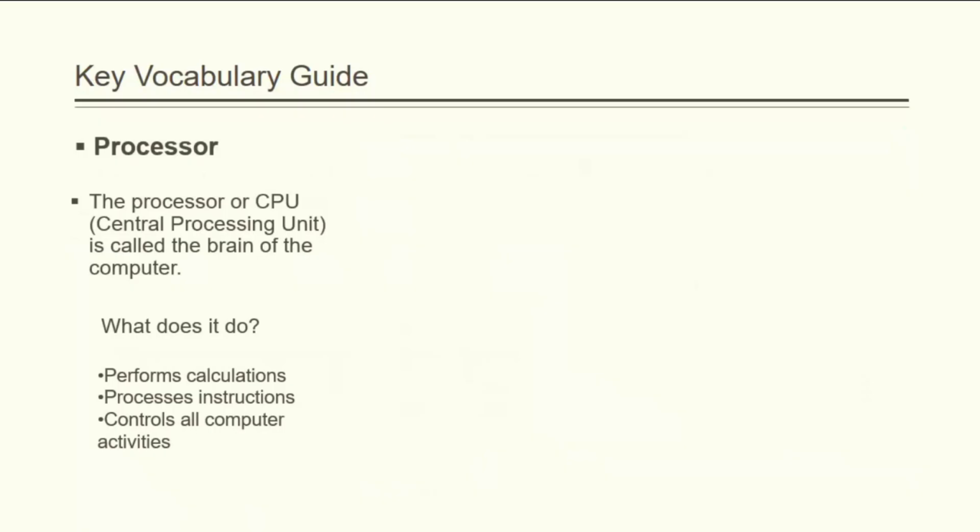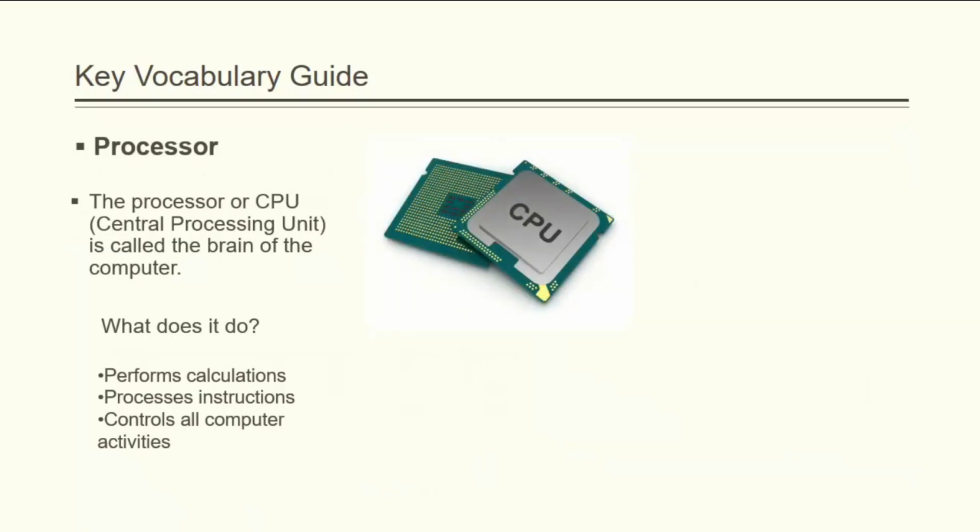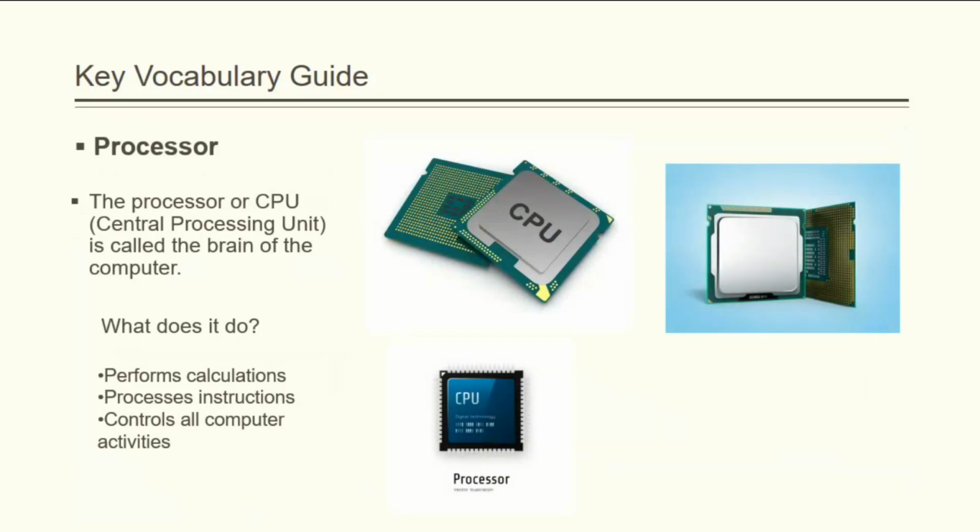It performs calculations, processes instructions, and controls all computer activities. This is how a CPU, or central processing unit, looks like. Remember, the CPU thinks and controls the computer.